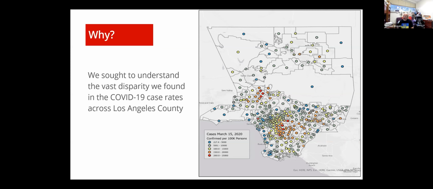And then what I found far more interesting, by pulling the data from the LA Times GitHub and mapping it using not Esri products, but Microsoft Power BI, was that distinct patterns were emerging in the neighborhood rate of COVID-19.